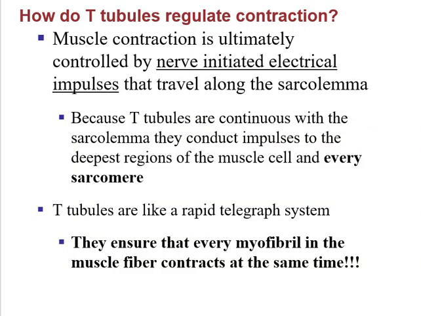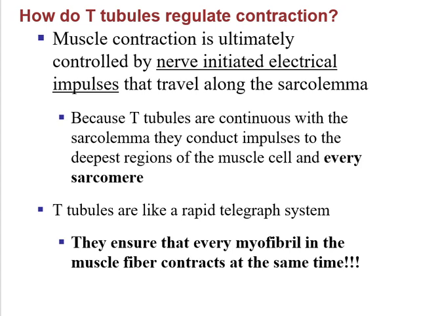So how do the T-tubules regulate contraction? Well, ultimately, muscle contraction is controlled by a nerve-initiated electrical impulse. So we need a neuron to communicate through a series of steps an electrical impulse that arrives at the sarcolemma. Once it arrives at the sarcolemma, it can travel from that plasma membrane to the T-tubules, because the plasma membrane and T-tubules of a skeletal muscle cell are connected, and into the deepest parts of a muscle cell.